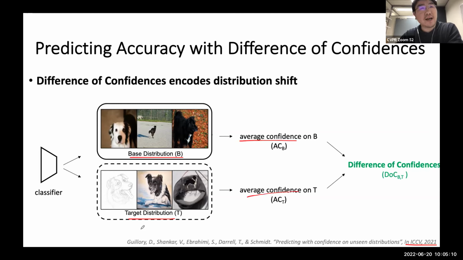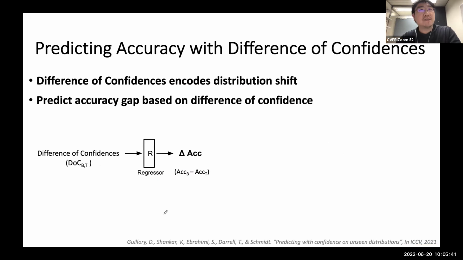And then it's also very simple to calculate their difference of confidence. So just calculate their difference. And this difference can represent the distribution or domain gap between the base distribution and target distribution. And this domain gap is indicative of the accuracy difference.